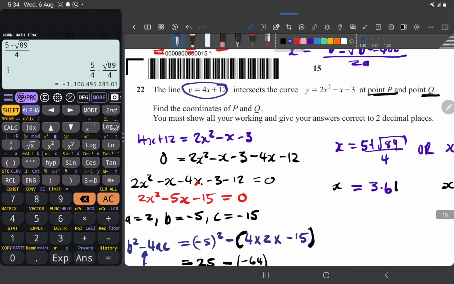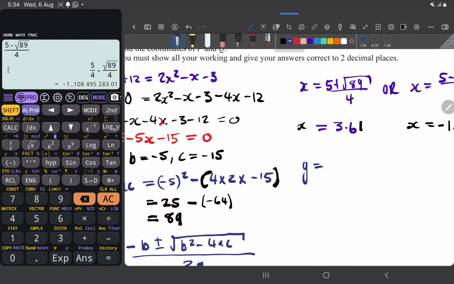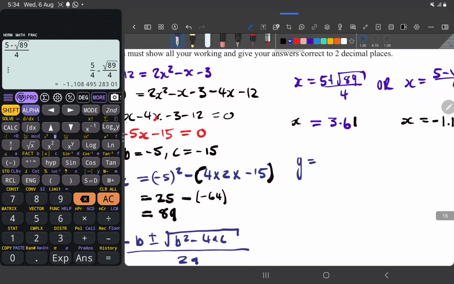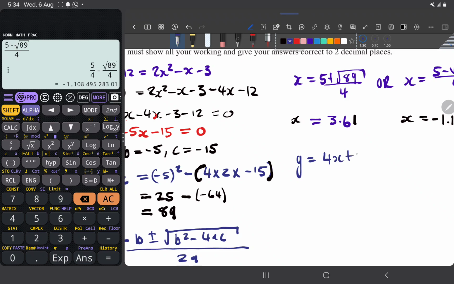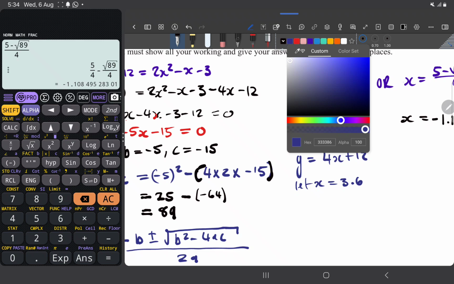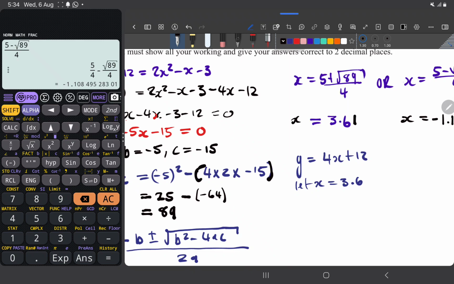You can use this one. You can now say y is equal to 4x plus 12. Then you're going to say, let x be equal to 3.6085.